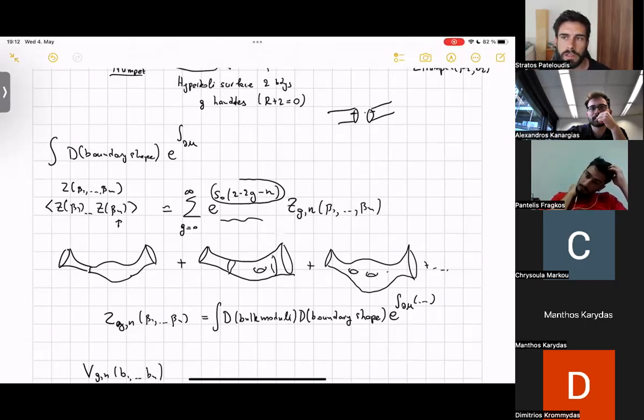In SYK, you also have a Hamiltonian with a random coupling between fermions, with a Gaussian distribution, which means you have an ensemble of quantum fermionic systems. So is it known how to relate these matrix models with SYK?